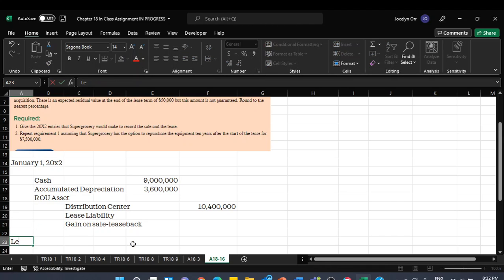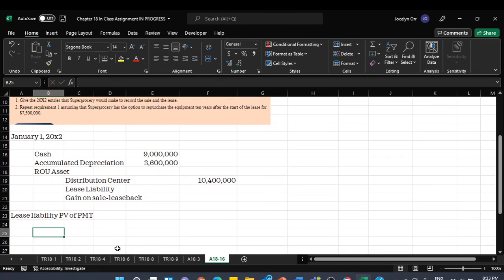So first, the next easiest thing to calculate is going to be the amount of our lease liability, which is going to be the present value of our payment cash flows. Our payments, we know from the question, are $875,000. That is not a percentage. So let's move this up one.